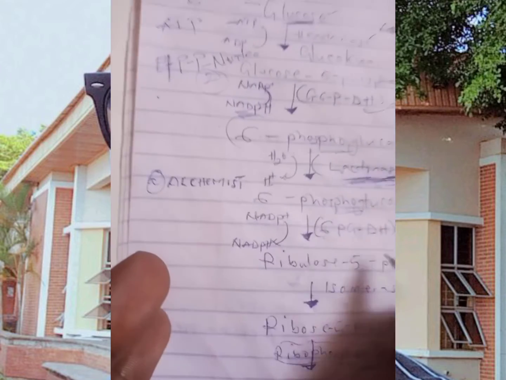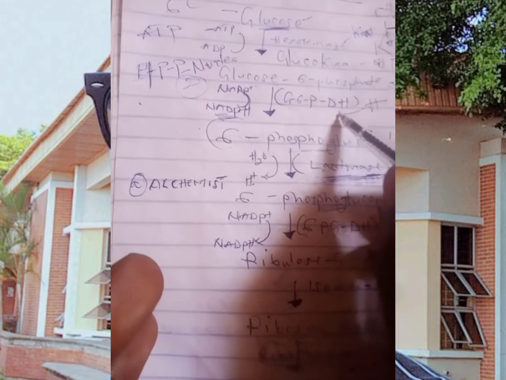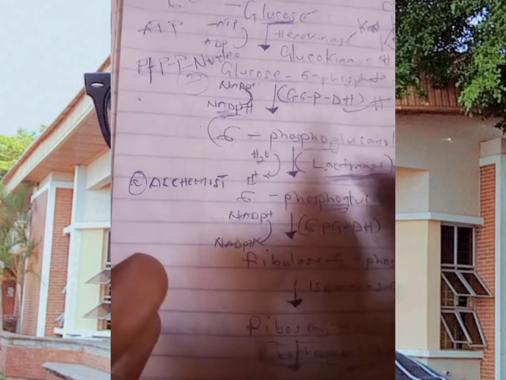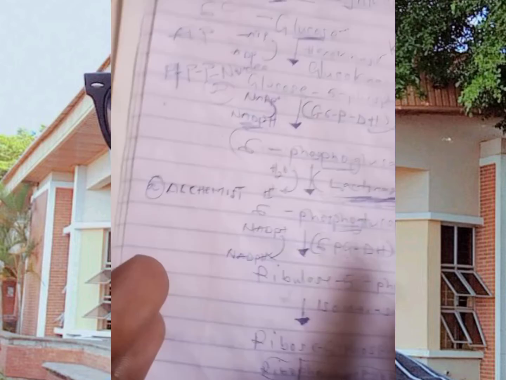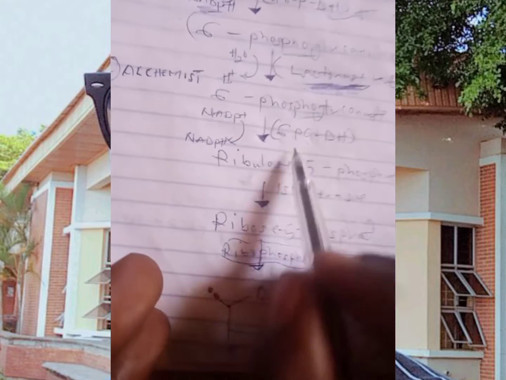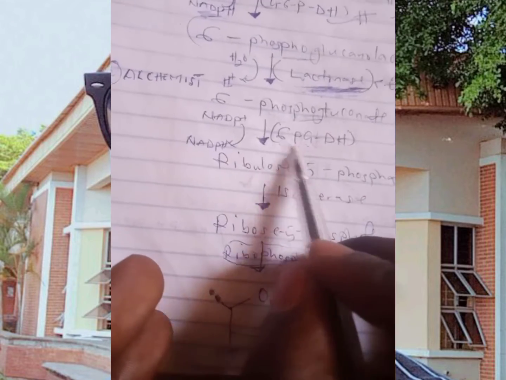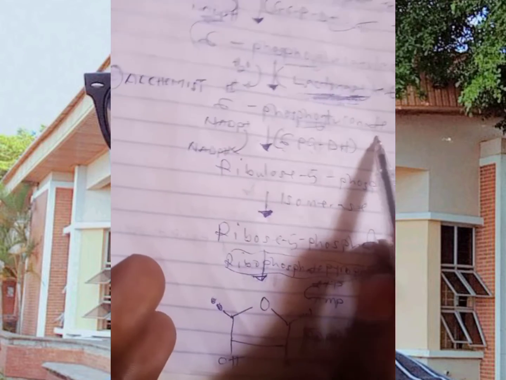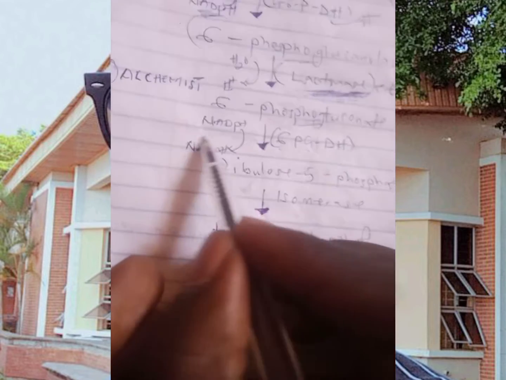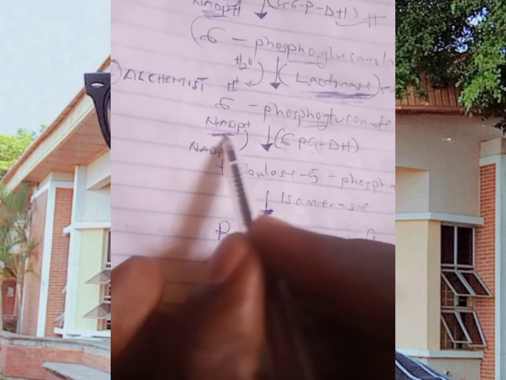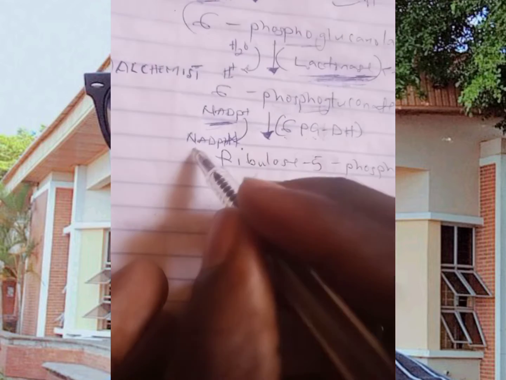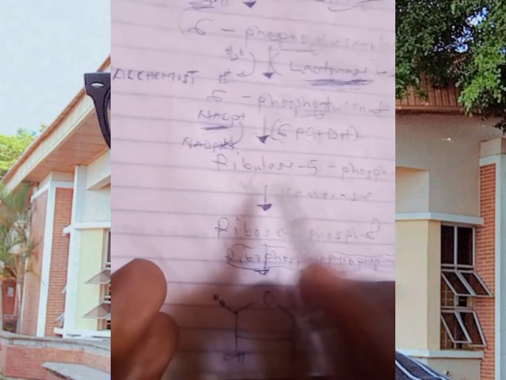In this step, we need a dehydrogenase for us to remove a hydrogen from this compound. The same thing is applicable here. We need a dehydrogenase of phosphogluconate, and this coenzyme or cofactor is introduced to take out the hydrogen. Here we have our NADPH after this reaction.